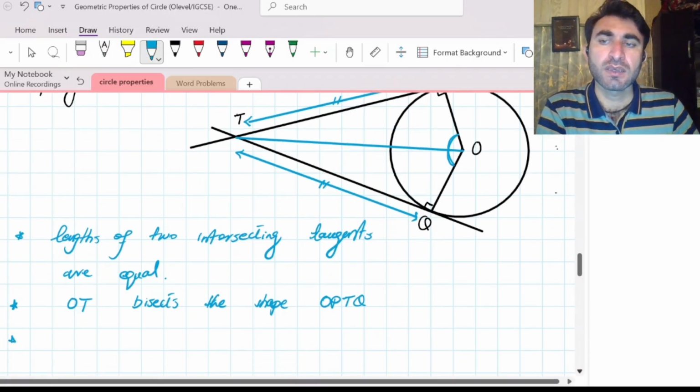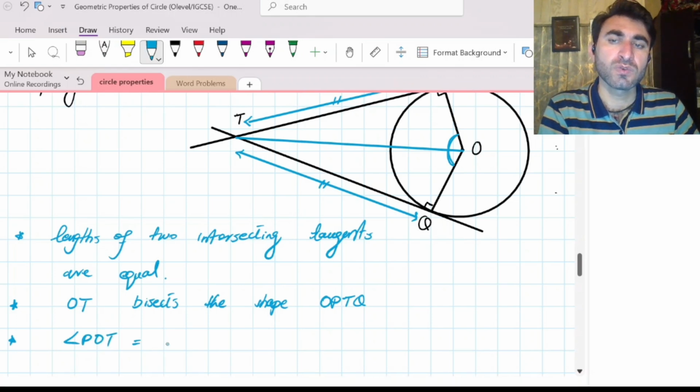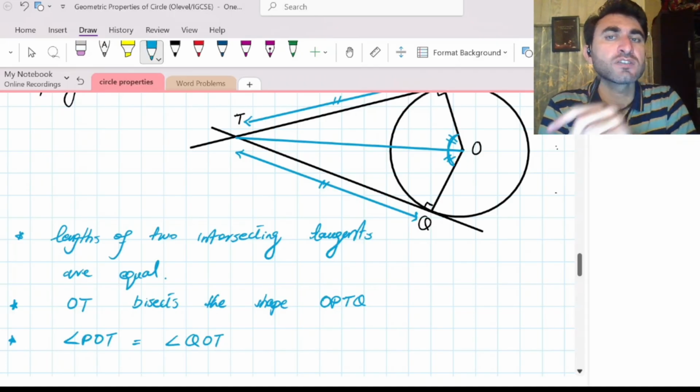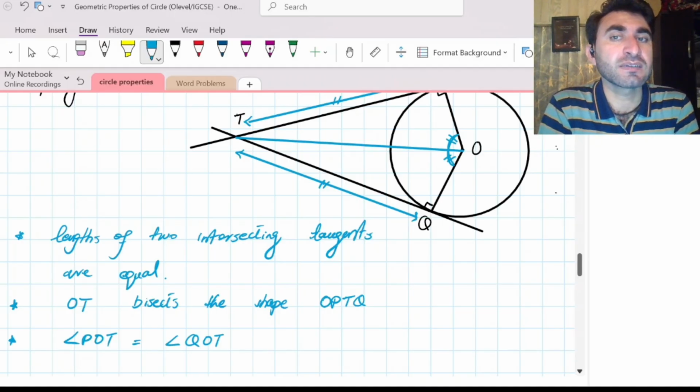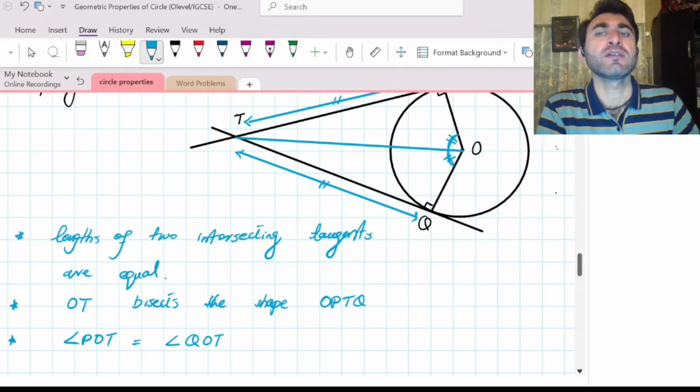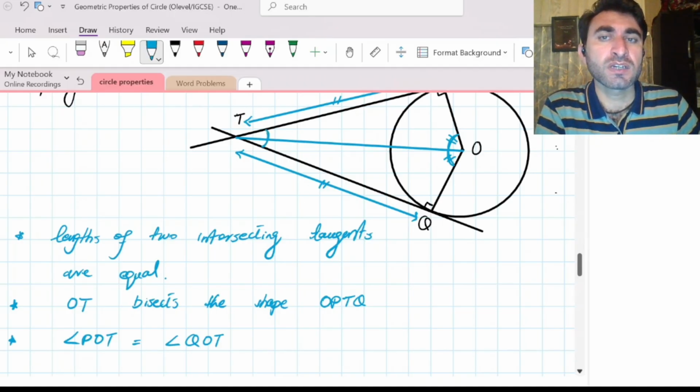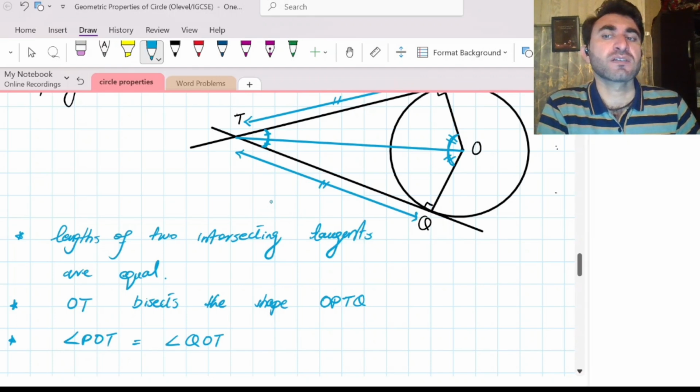If it bisects, we know that angle POT is equal to angle QOT, that this angle equals this one. The segment that passes through the center and joins it with the point of intersection of tangents will bisect this angle, and in a similar manner, this angle over here at the point of intersection of tangents is also bisected, that is, it is divided into two equal parts.